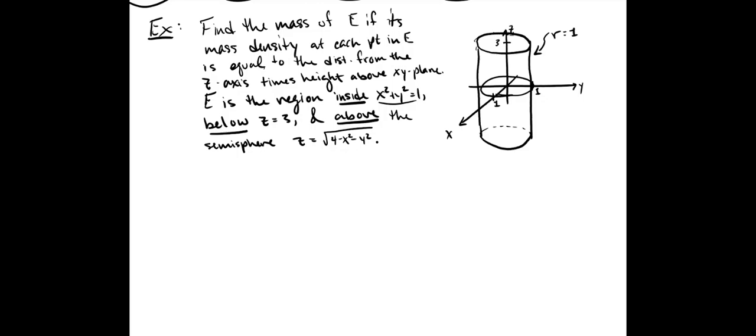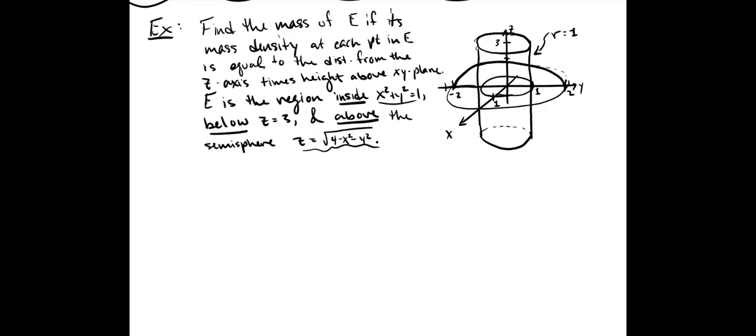And so we want to stay below that. And we want to stay above the semisphere. This is a semisphere of radius 2, so it's actually stretching out further. It's maybe something like this. And it's going to intersect this thing.